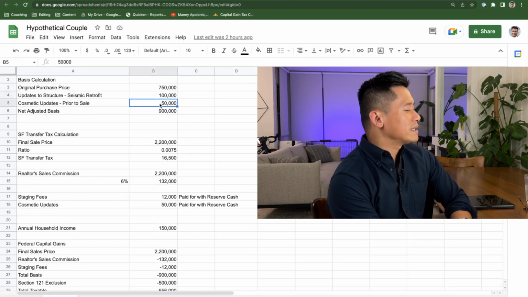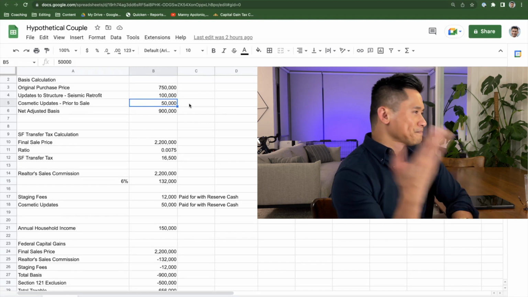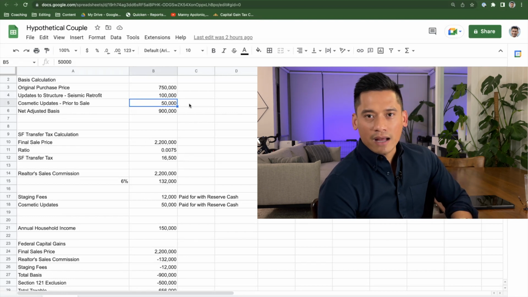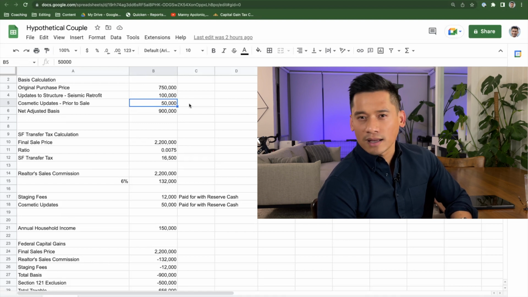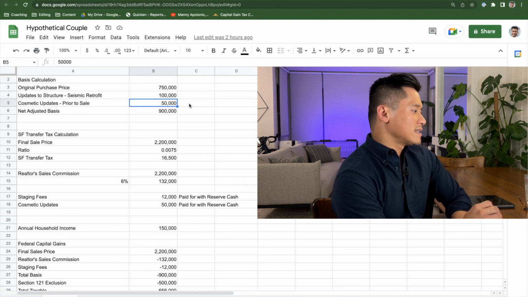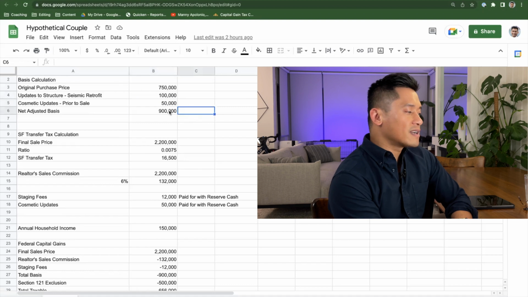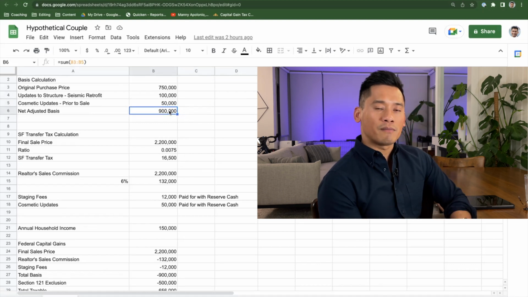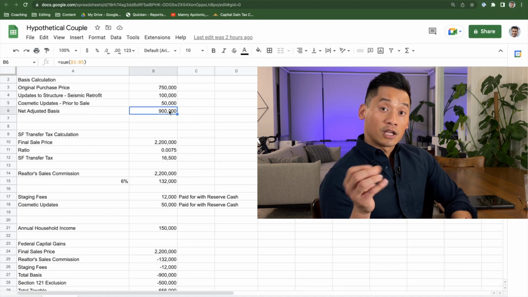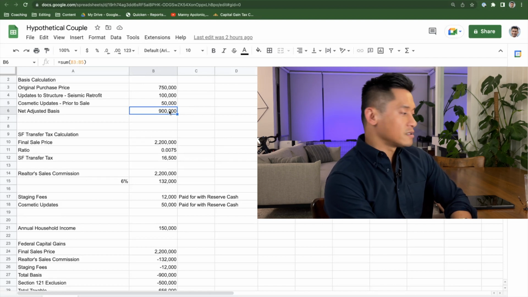Maybe I did, but let's just say the $50,000 was used for a bathroom that was not completely renovated, and they put in some new floors, whatever. $50,000 gets it to a place where they can sell the home. So the net adjusted basis, or the total amount that you can use for basis in the calculation, is going to be $900,000.